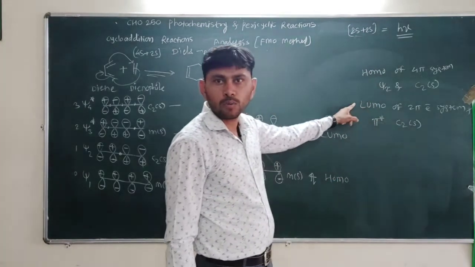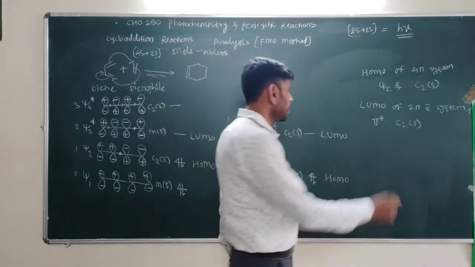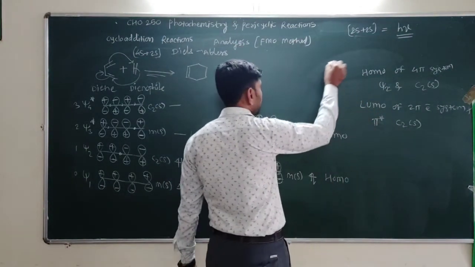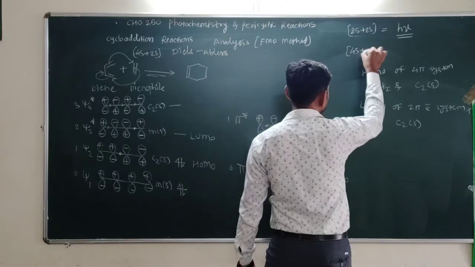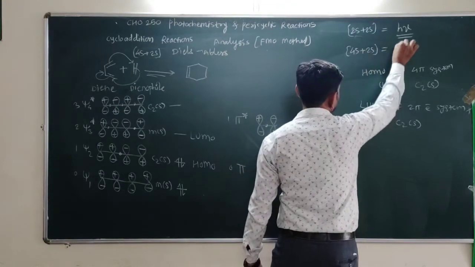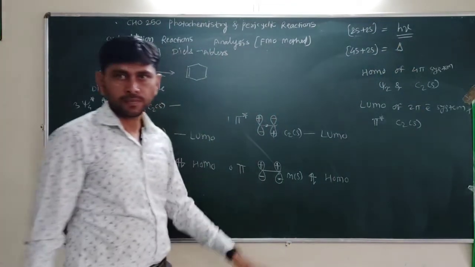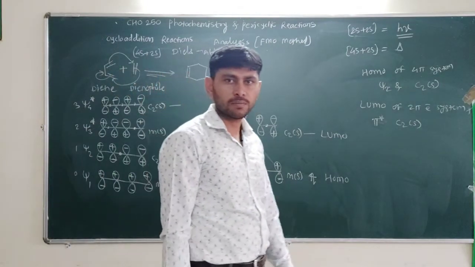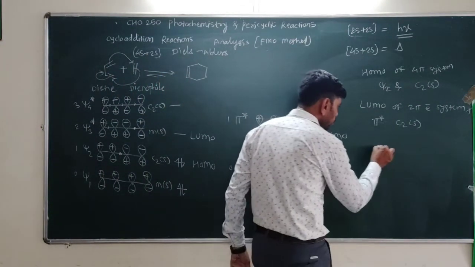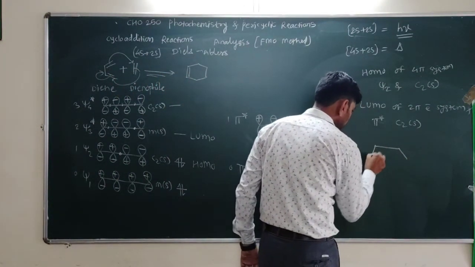So HOMO and LUMO have the same symmetry, and this reaction is a thermally allowed reaction. So we can say that the 4s plus 2s reaction is thermally allowed, because in this case HOMO and LUMO have the same symmetry.